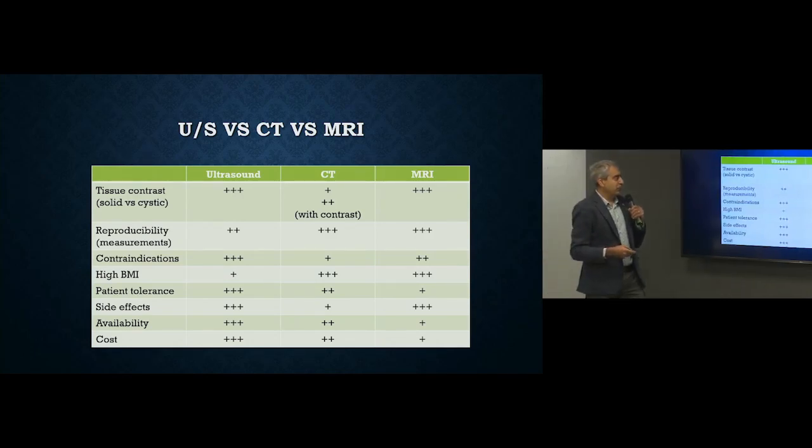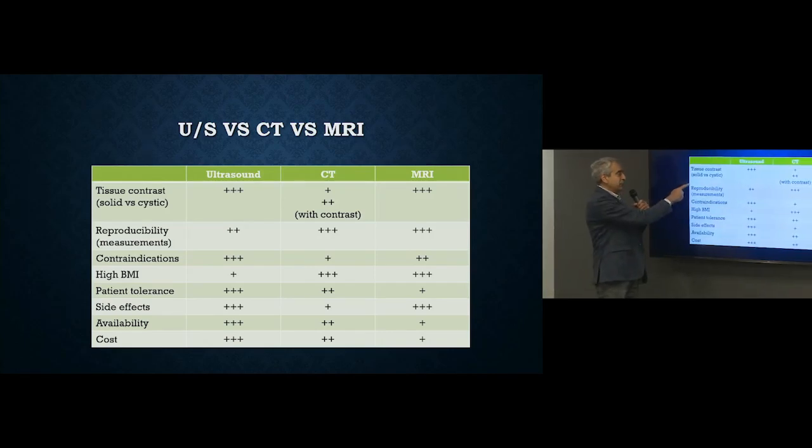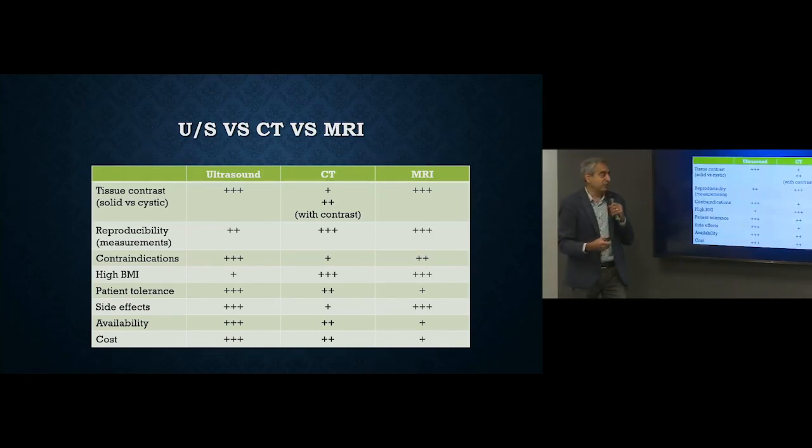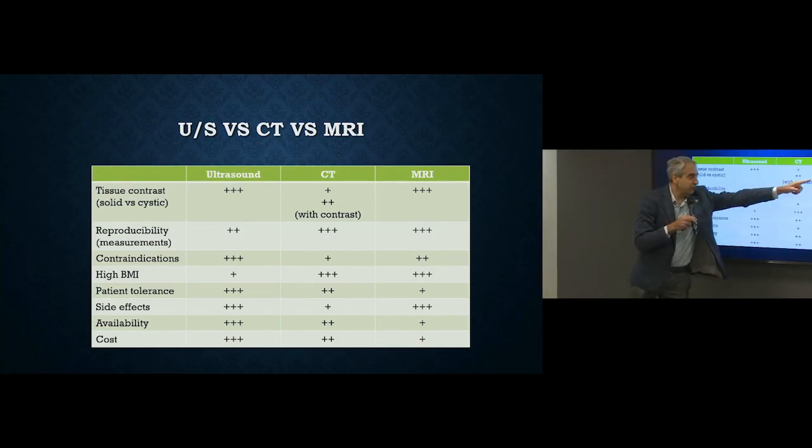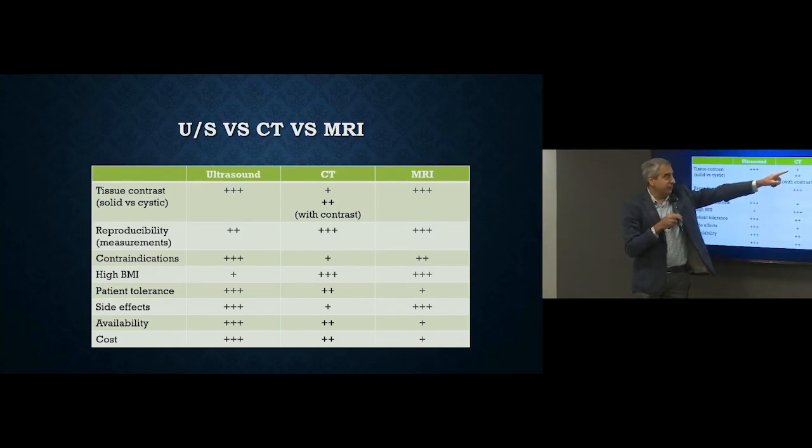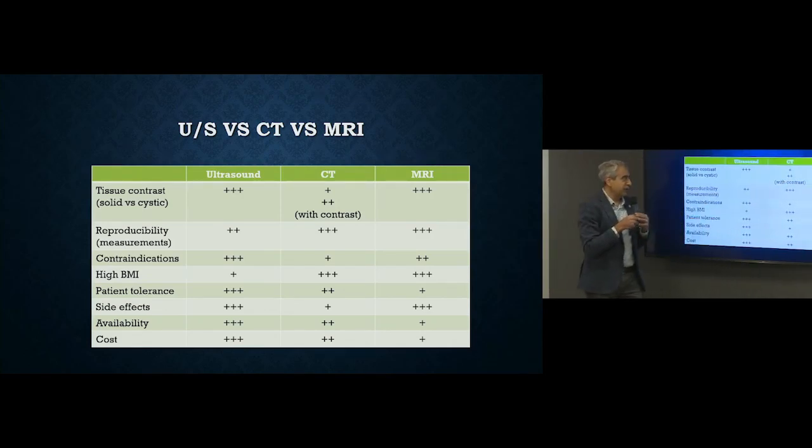In terms of being able to differentiate different types of tissue, and especially solid versus cystic, ultrasound is wonderful for that, and MR is wonderful for that. CT is not really so great, and that's why we really need the dye with intravenous contrast, and it does better with the dye.